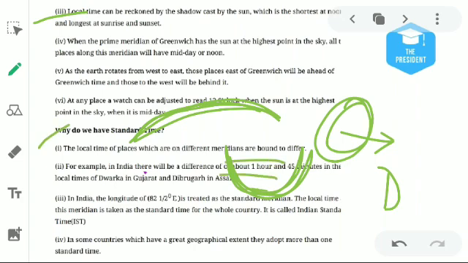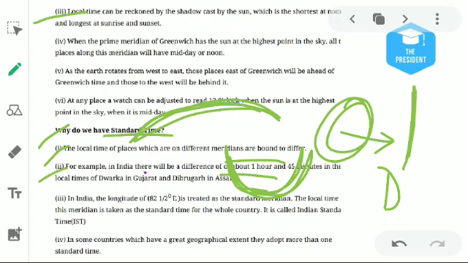Basically, what some countries do is choose a specific meridian line, a longitude line, to determine their time. That line is known as the standard time zone, and it also represents the local time.